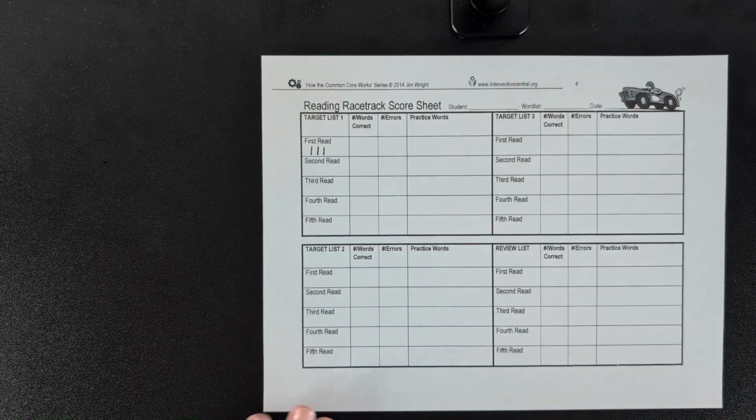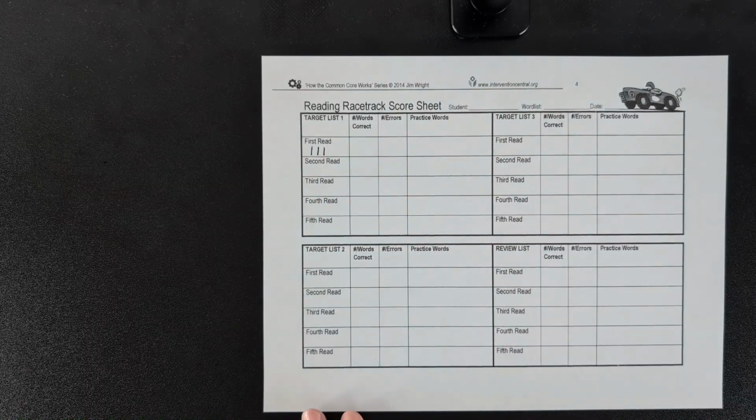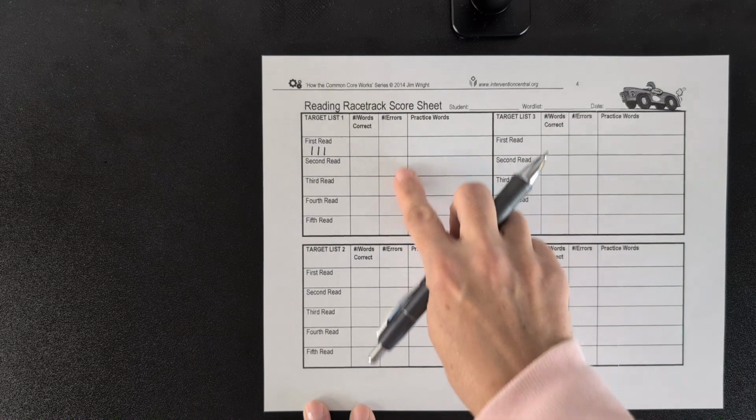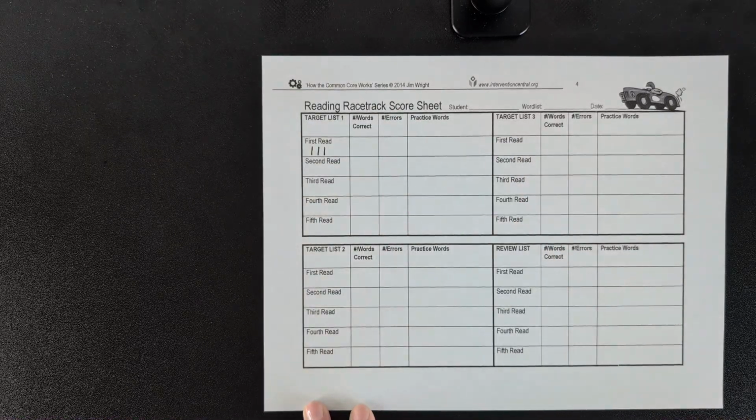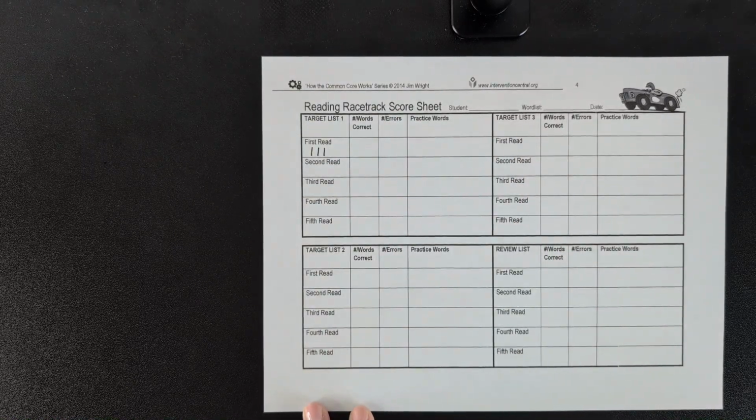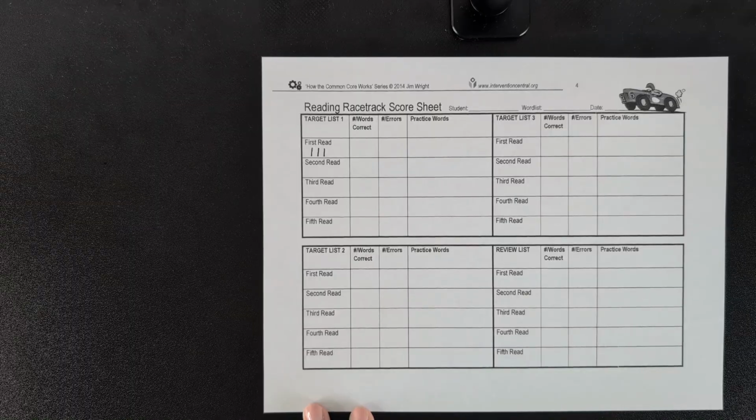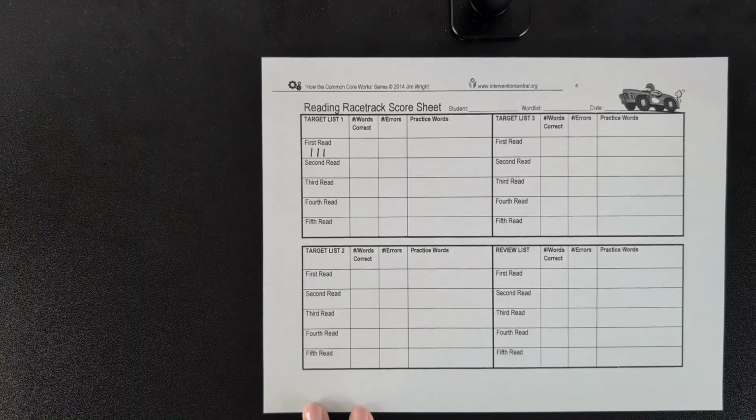As the student is reading, the teacher should also be recording the number of errors on the Reading Racetrack score sheet by making tally marks in the error column for the read the student is completing. An error could be the student says the word incorrectly or hesitates for longer than 3 seconds on a word.